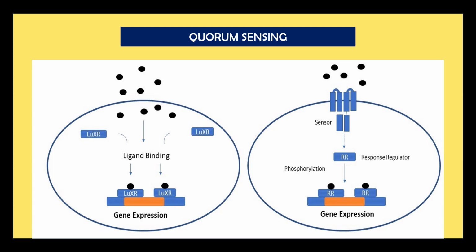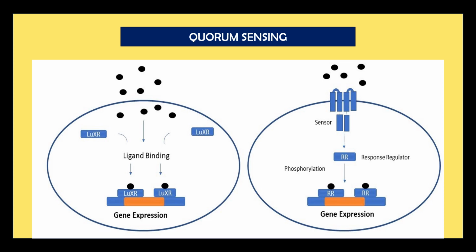The concentration of the autoinducer in the surrounding medium depends on the cell population density. As the bacterial population grows, the concentration of the autoinducer in the surroundings increases, causing more autoinducer molecules to be synthesized. Both gram-positive and gram-negative bacteria use quorum sensing communication circuits to regulate a diverse array of physiological activities.